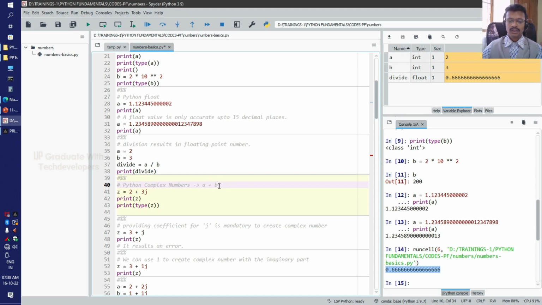Here the character j is used to represent the imaginary term. So a is of type real and b is the coefficient of the imaginary part. So this is the real part and this is the imaginary part, and the imaginary part must have the coefficient.